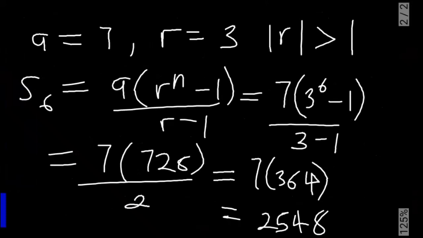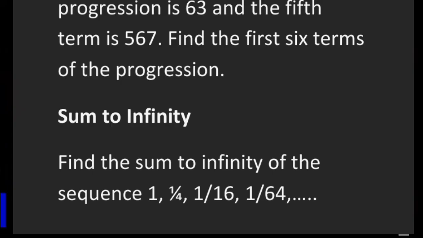Let's talk about sum to infinity. Find the sum to infinity of the sequence 1 over 4, 1 over 16, 1 over 64, and so on. Here our first term is 1 over 4.